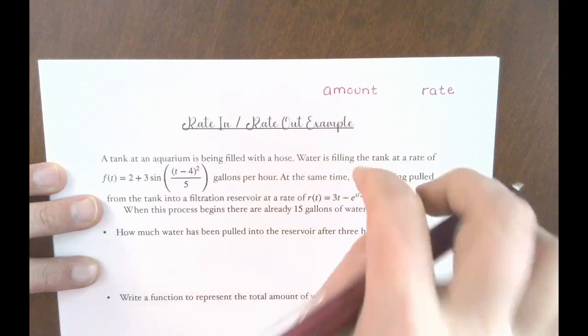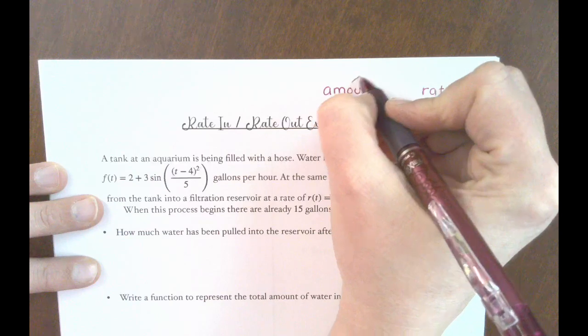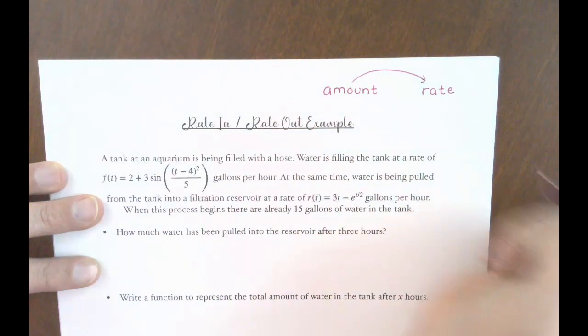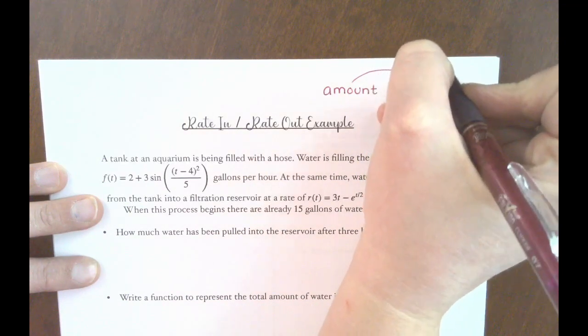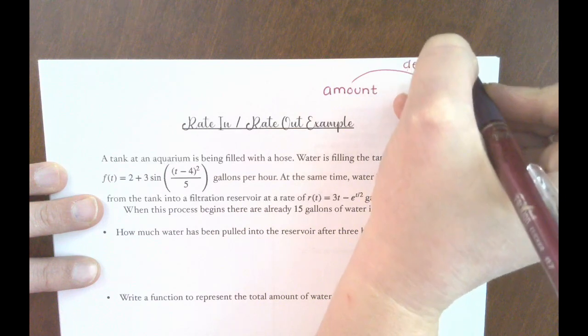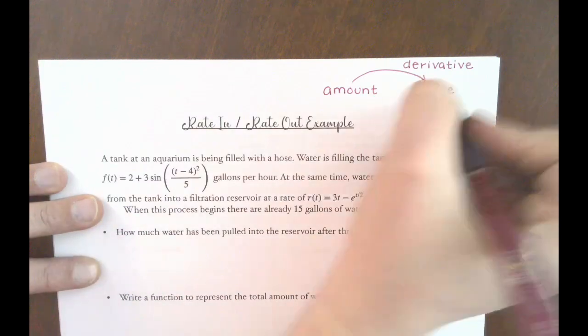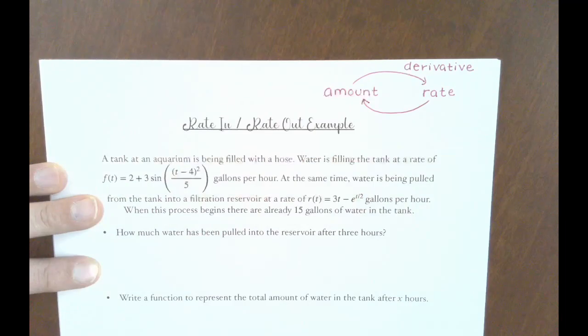That's a big picture idea in calculus. If you're talking about a quantity and you want to turn it into a rate, that's what we started the year with, and that's done through taking a derivative. But the newer thing that we've been talking about for the last couple of months is how you go from a rate back to a total amount of whatever it is that you're discussing.